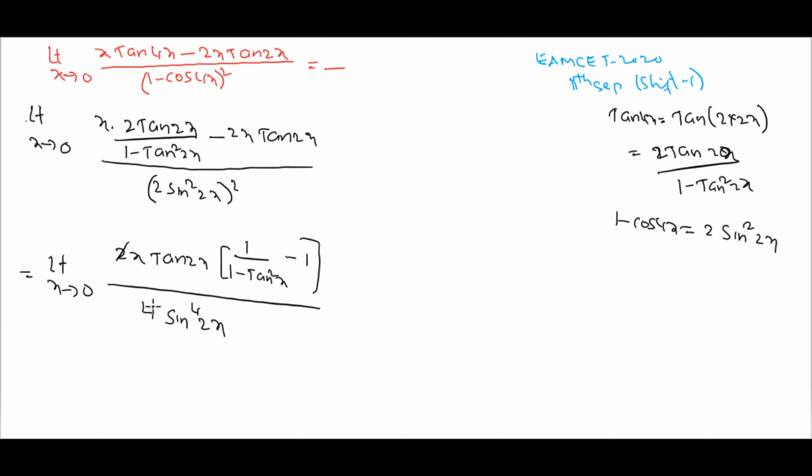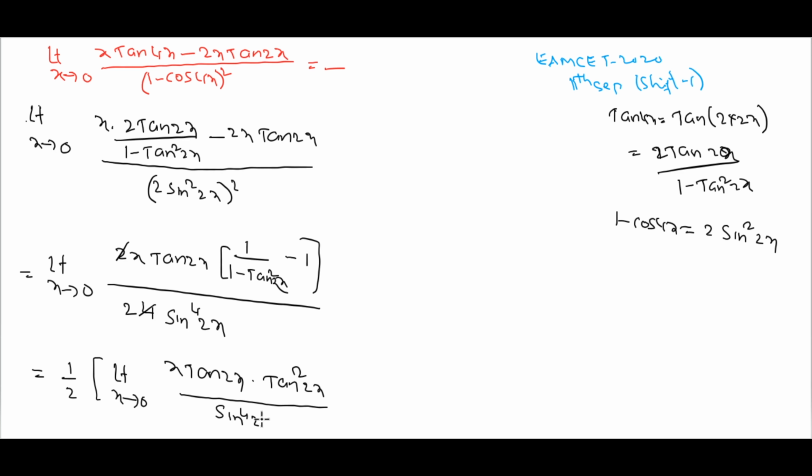So 2 times cancelled, that is equal to 1 by 2 constant, that is limit x tends to 0, x into tan 2x, take LCM, that is 1 minus 1 plus tan square 2x, that is tan square 2x by sin power 4 2x.